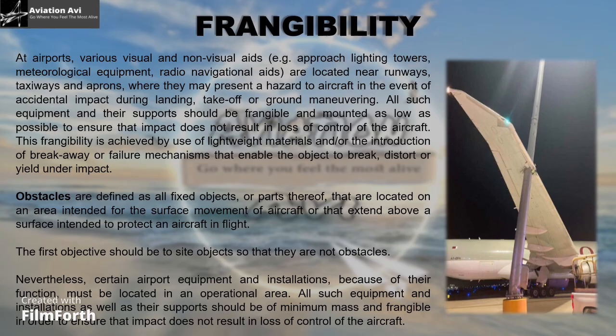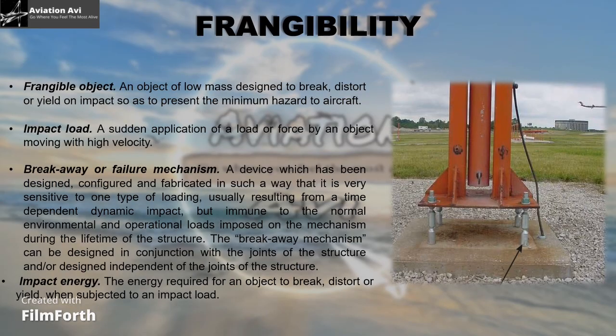Nevertheless, certain airport equipment and installations, because of their function, must be located in an operational area. All such equipments and installations as well as their support should be of minimum mass and frangible in order to ensure that the impact with the aircraft does not result in a loss of control of the aircraft, or damage the aircraft to such an extent that it is too costly for an airport operator or an airline operator to maintain. So now we need to understand some definitions.